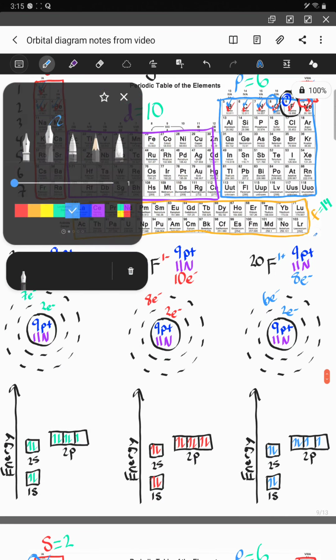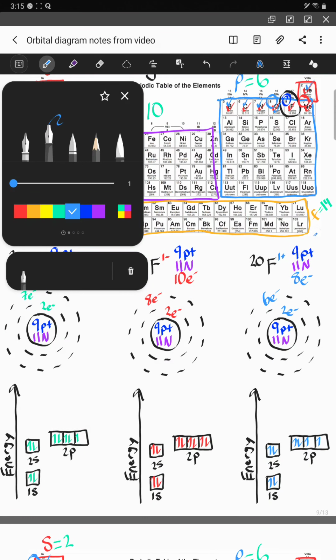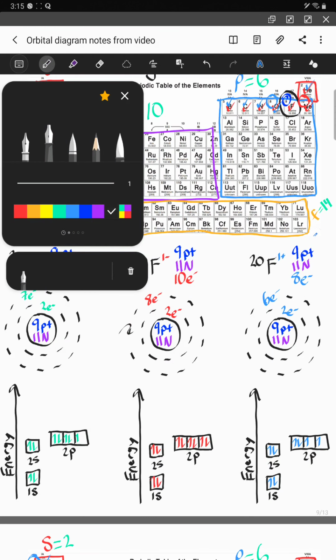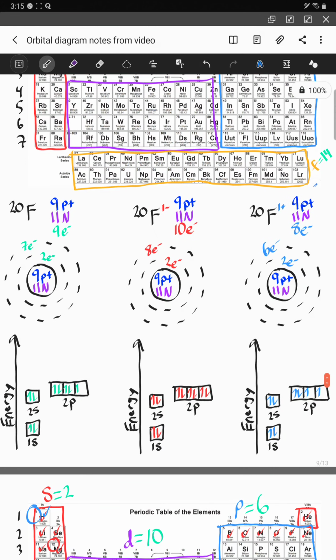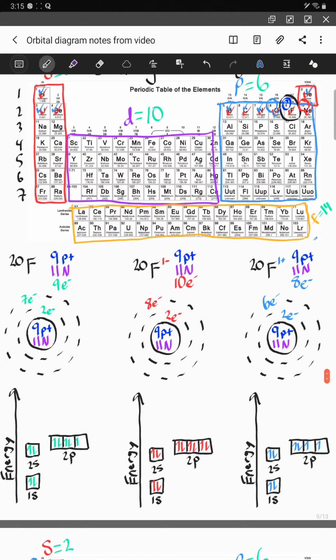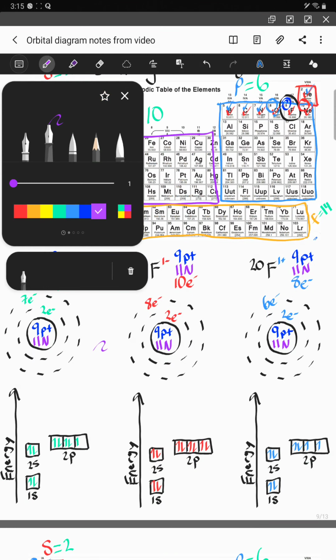So fluorine, so I'll just do these in black, it doesn't matter. So fluorine uncharged, the electron configuration is going to be, I'll do it in purple, I changed my mind.